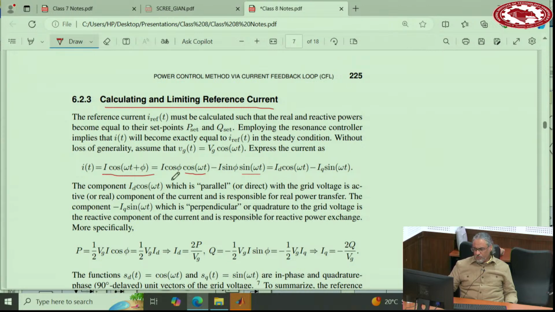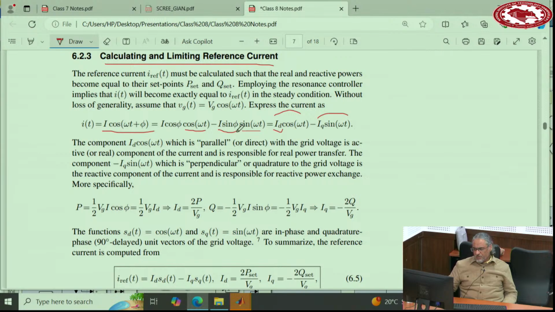So the component that is along the grid voltage, we call it ID, and the component which is quadrature to the grid voltage, we call it IQ. So I always has two components, one along the grid voltage, and one perpendicular to the grid voltage. This is basically related to real power, and this is related to reactive power.